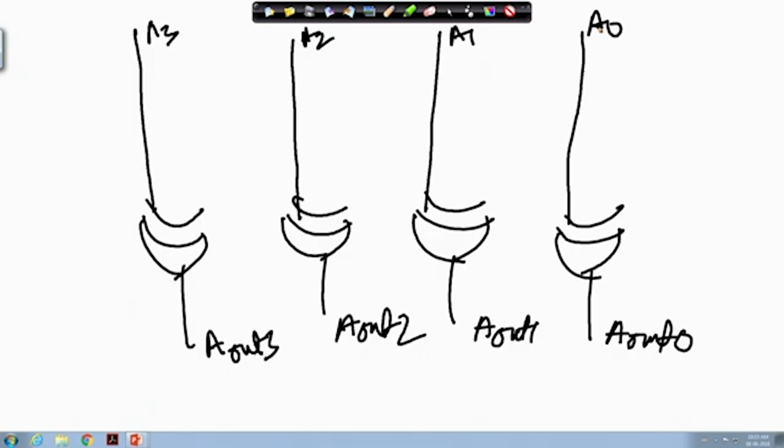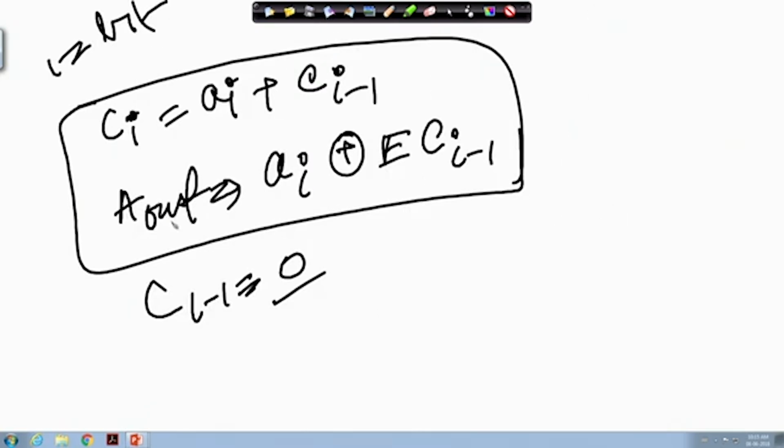So, the next, if you just go back, A out is dependent on what? A i XOR with E of C i minus 1. Okay.